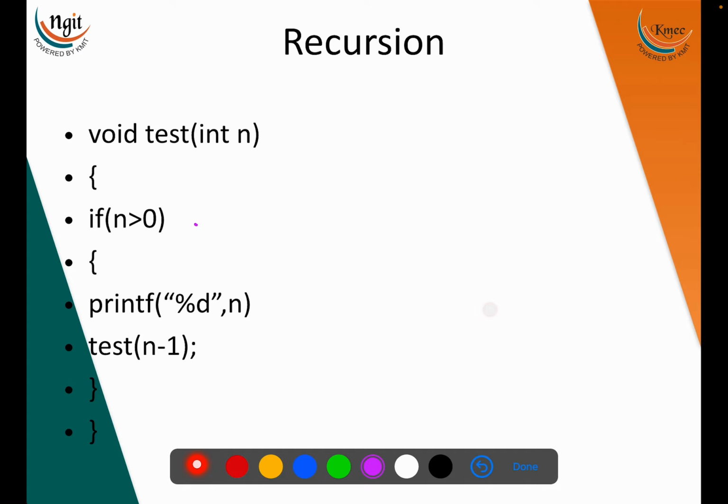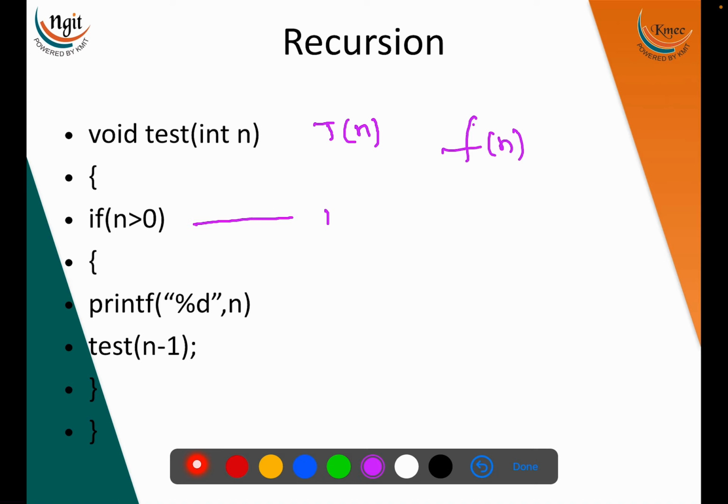So, if n greater than 0, this will take 1 unit of time to execute. Void test is a function, and now I'm representing this function with T of n. Basically it is f of n, but I'm changing it into T of n, keeping in mind that I'm going to find the recurrence relation.